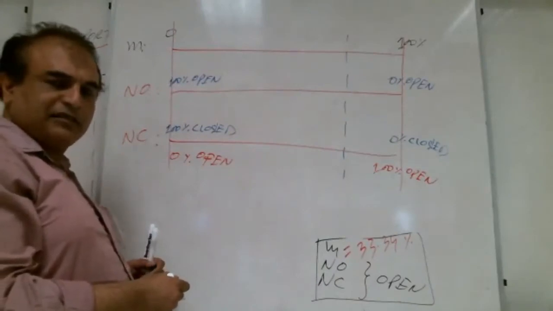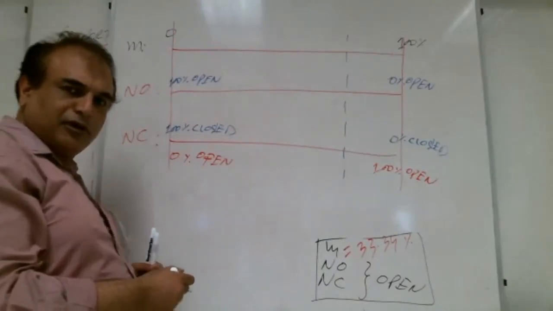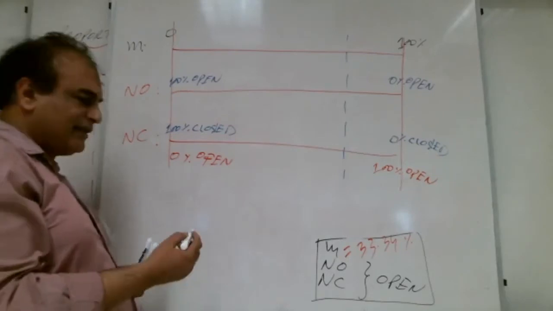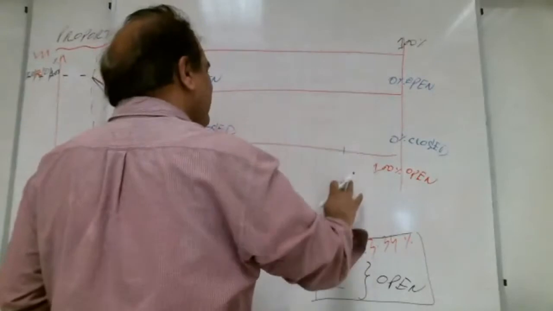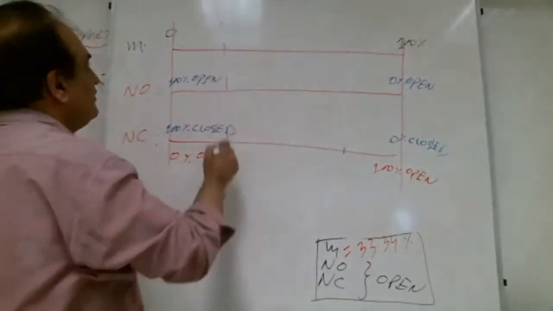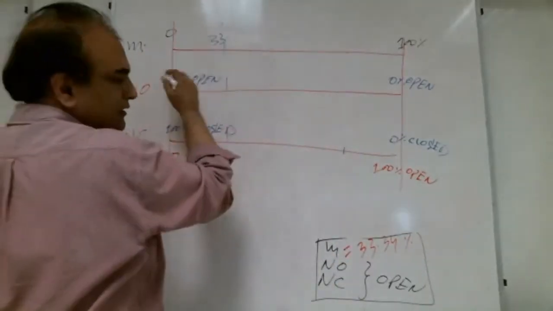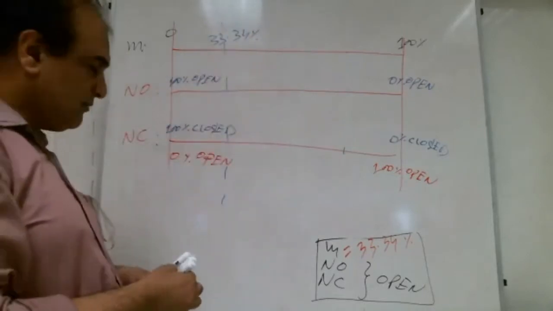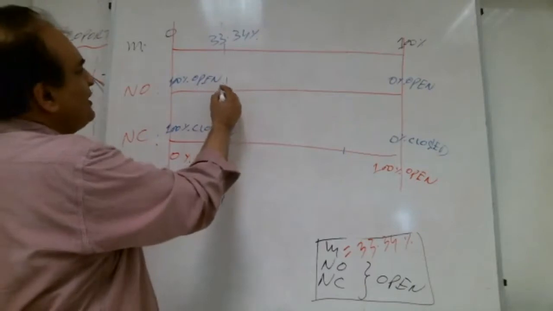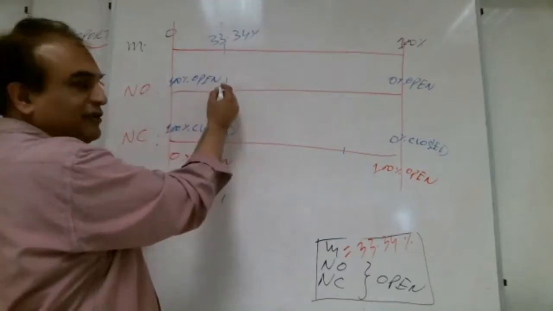Is this the correct place, Shiva? No. Very good, this is not the correct place. It should be the other way around, somewhere here. 33.34% should be somewhere here. So if it is normally open, how much open, Shabab?